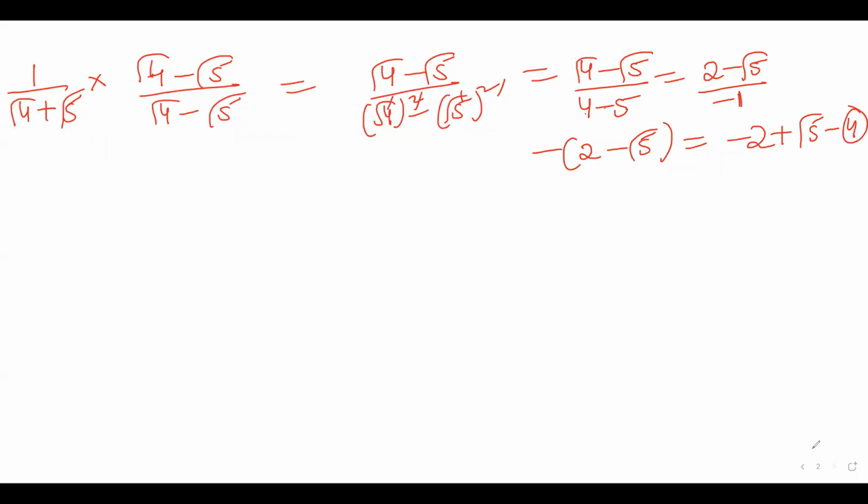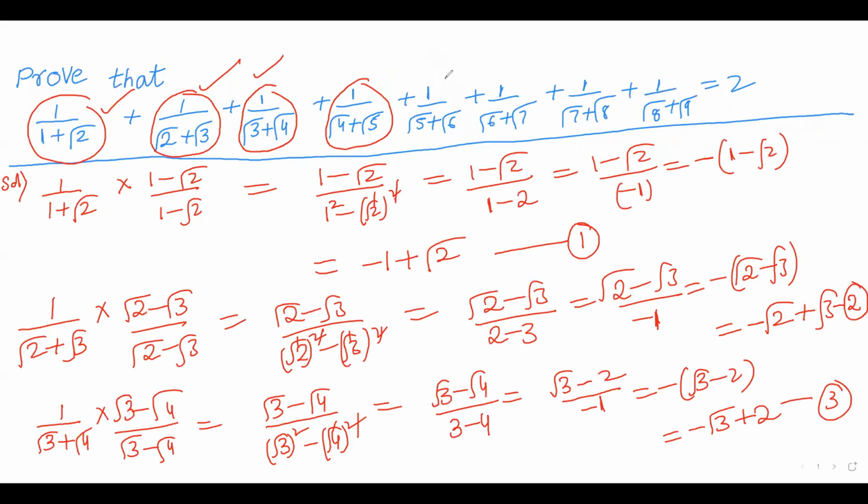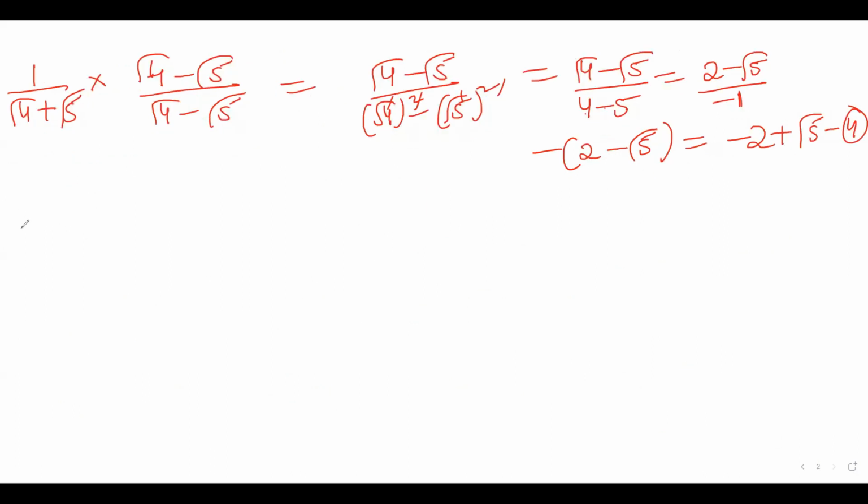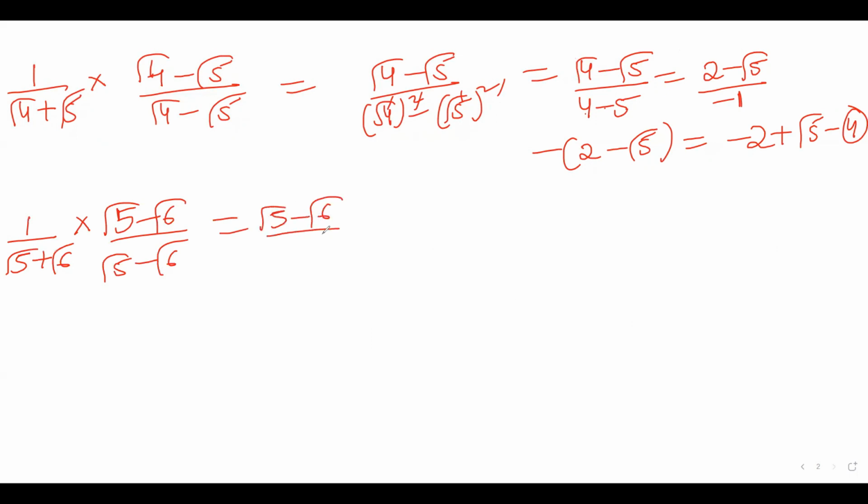Let's go to the fifth term. This is the fifth term: 1 by root 5 plus root 6. Rationalize: root 5 minus root 6 by root 5 minus root 6. Multiply numerator, numerator, denominator, denominator. Root 5 minus root 6 by a square minus b square.